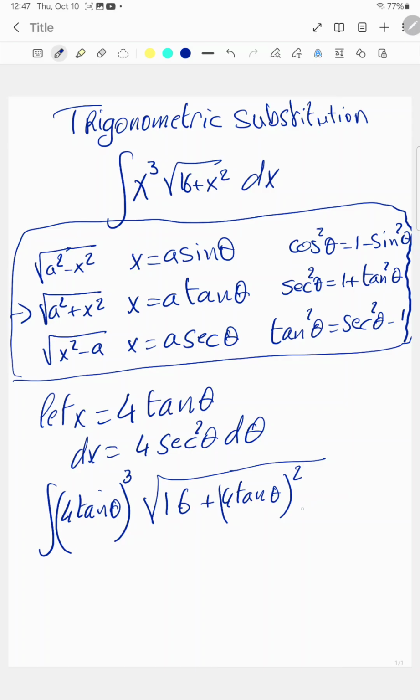And instead of my dx, we said dx is equal to 4 sec squared of theta d theta. So that would be my integral now.